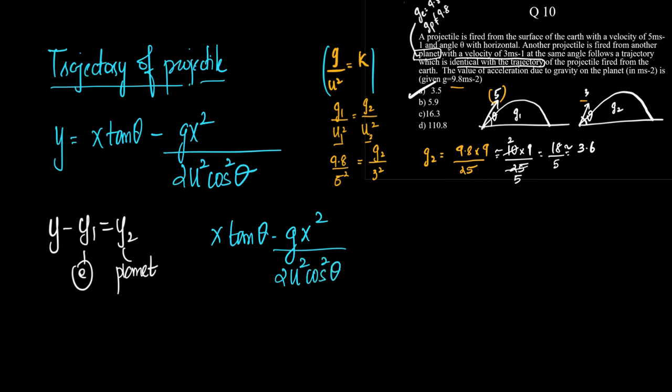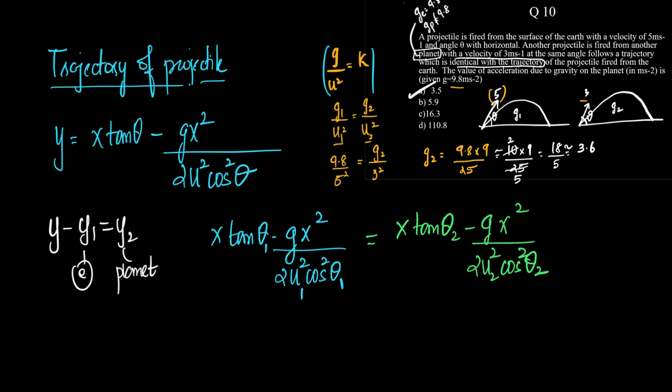So for the ease of understanding, let us take tan theta 1. Now what is this equal to? This is equal to x tan theta 2 minus g x square the whole upon 2, so this should be u1 square, right? Yeah, 2 u1 square, and then 2 u2 square into cos square theta 2.